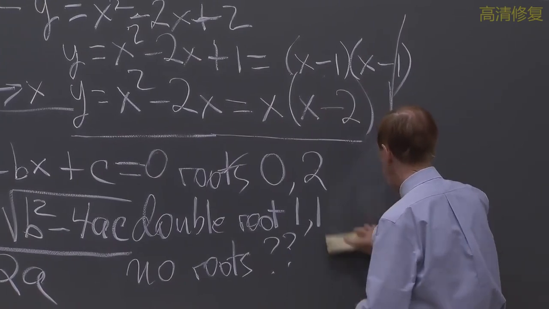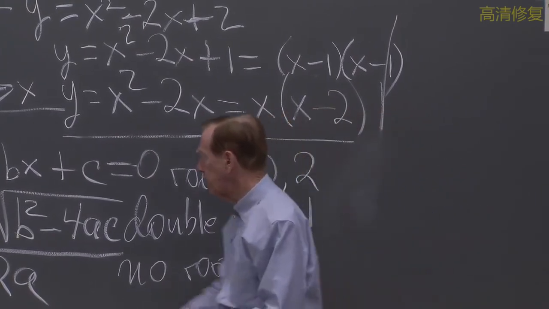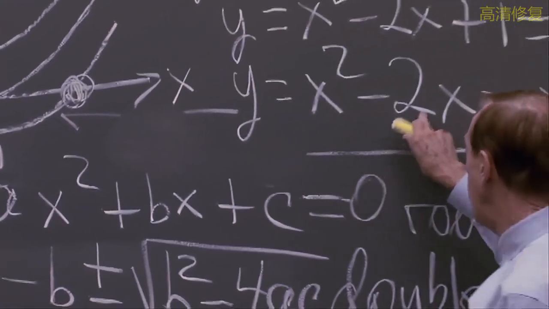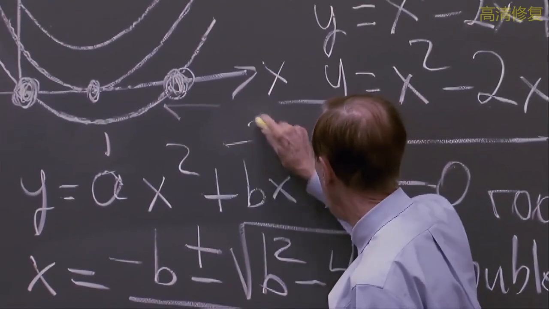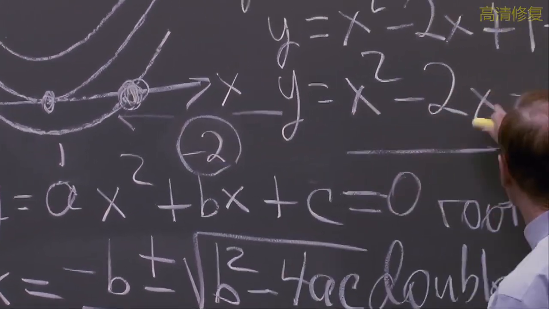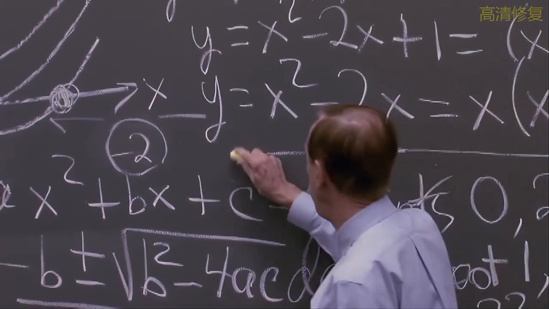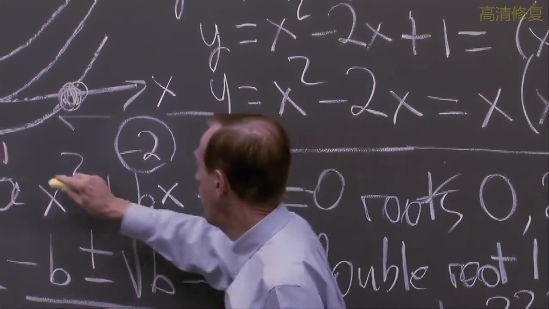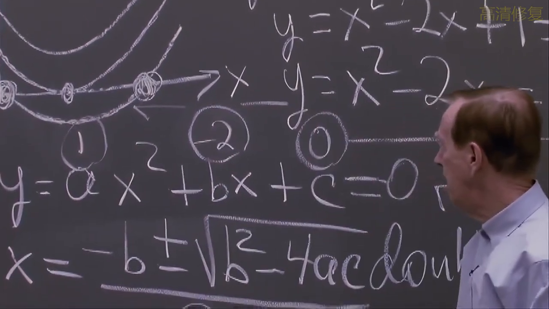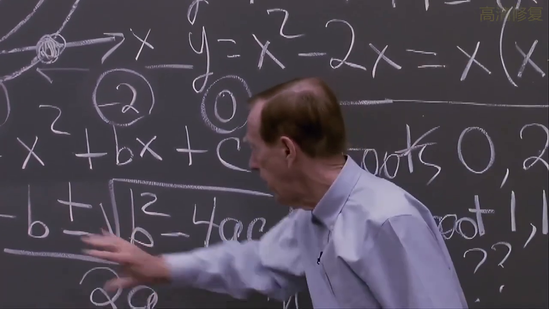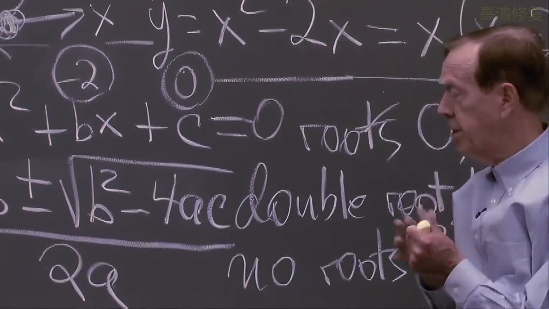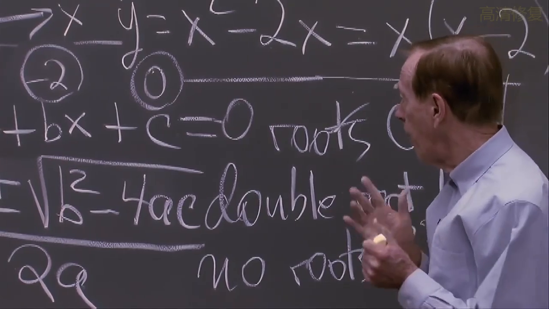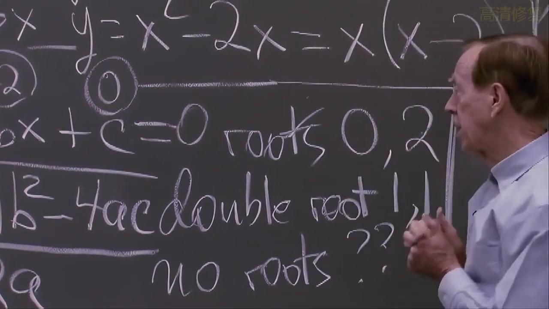It's satisfying to think that, okay, this formula works. The b is minus 2, and there's no c. The c is 0. So there's my a, b, and c, and for practice, I'm going to put them into this formula and see what I get. Hopefully, I get these roots.